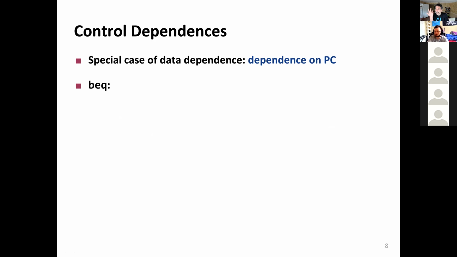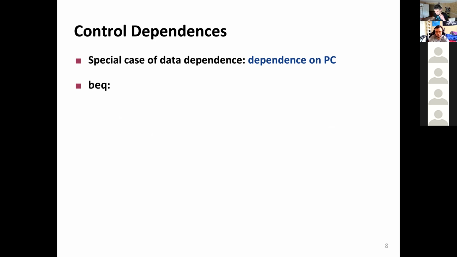It's not the case that the next instruction should always enter. Why? Because we have some jump instructions, right? We have some special instructions that you're aware of that change the sequence of the program.